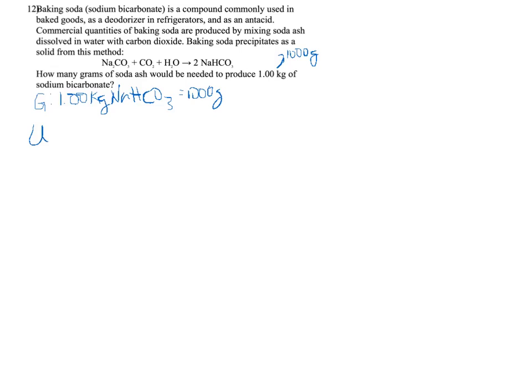All right, and we're looking for how much soda ash we would need. So the soda ash is Na2CO3, and obviously that's grams. Okay, so how to get from baking soda into soda ash, and grams to grams.